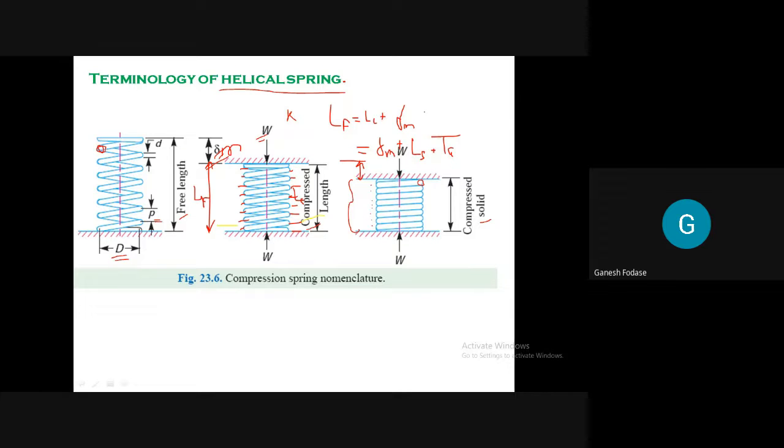So I can write LF as, you can see now this LC, we write in terms of this. Now LS as it is, LS plus this delta max, I'm writing delta M, plus this gap, but this gap is taken as 15%, meaning 0.15 of maximum deflection.